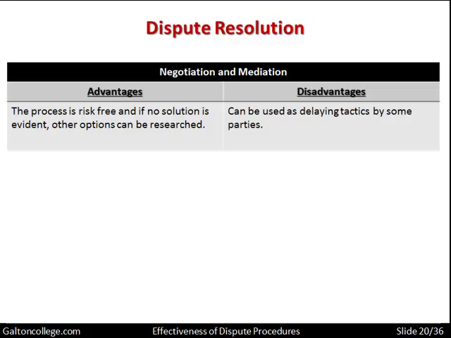Or it could even mean that the management lock out the workers because they're so upset with the agreements or the lack of progress or the damage that has been done to the business.